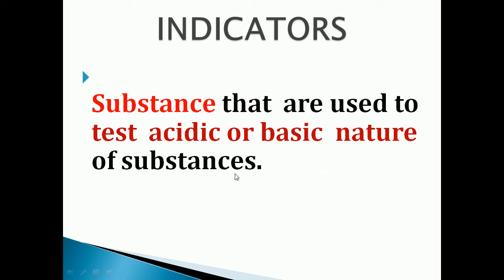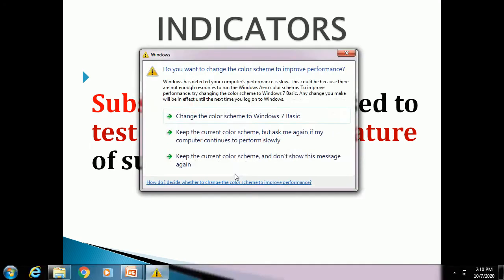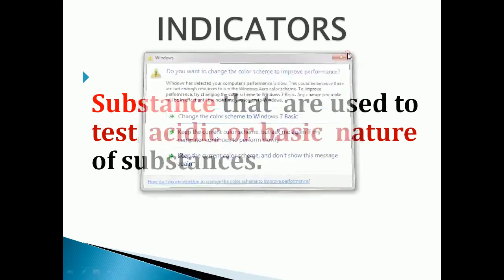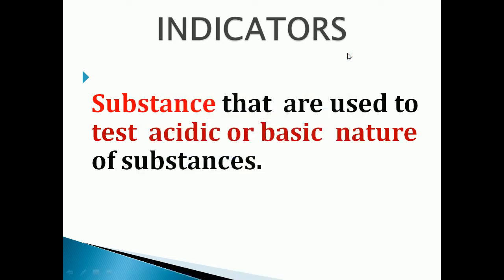If the substance contains acid, we cannot predict that by tasting it, isn't it? Because acids are corrosive in nature. So we use some substances to test whether a substance is acidic or basic in nature.